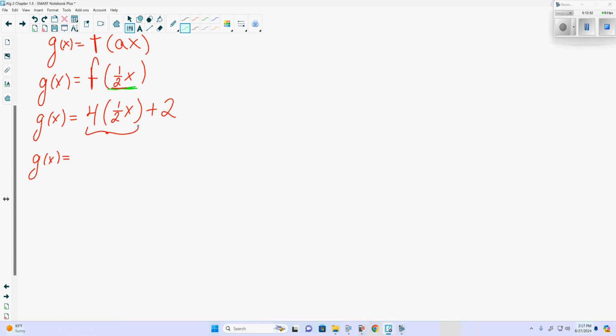Now, the only thing we really need to simplify is our 4 times 1/2 x. 4 times 1/2 is indeed 2. 2x plus 2. It's very easy to do.